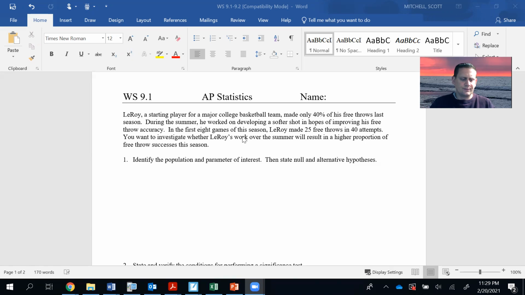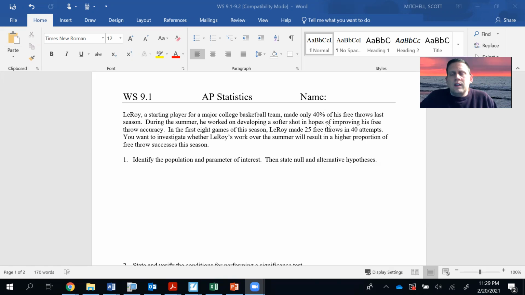If we want to discover why hypothesis testing and maybe not a confidence interval, well, we have something that Leroy did before. He's a 40% shooter. This isn't like a presidential election, where we're trying to figure out who's going to win beforehand, because we have no idea who is really going to vote for whom.